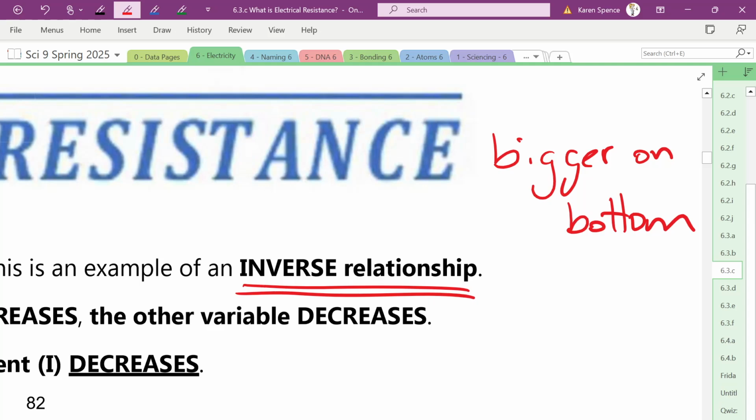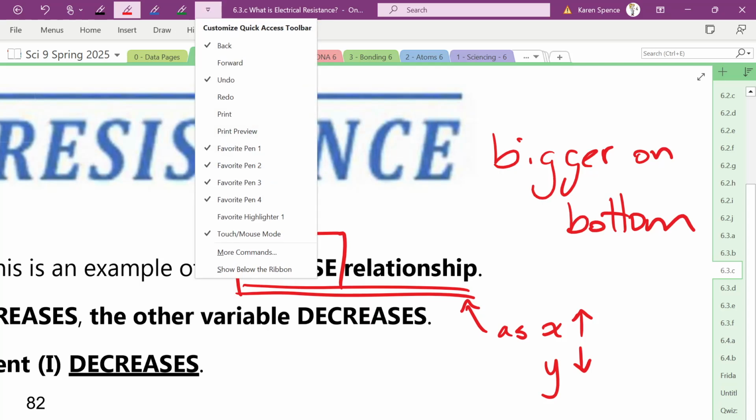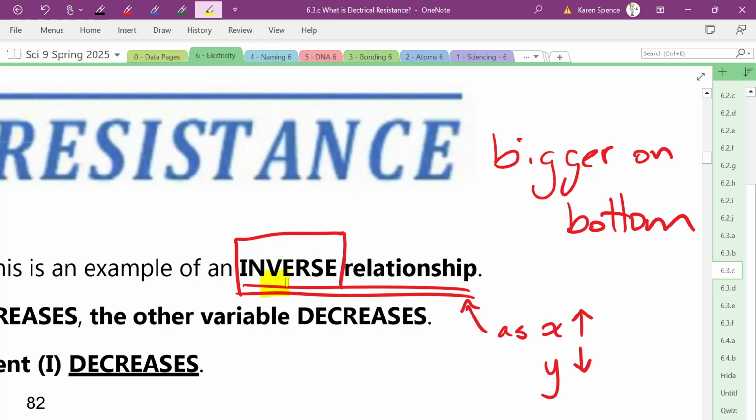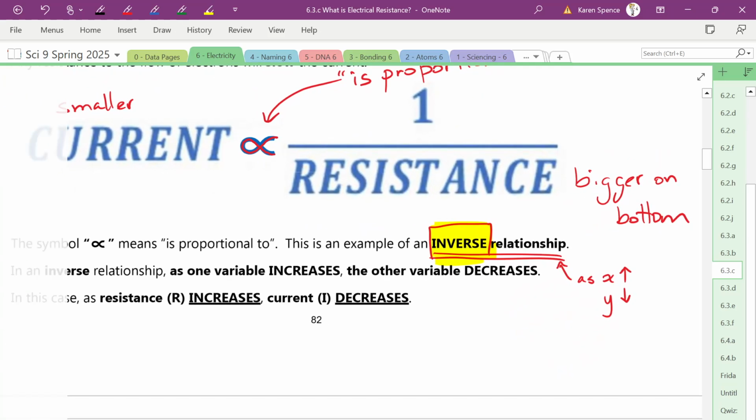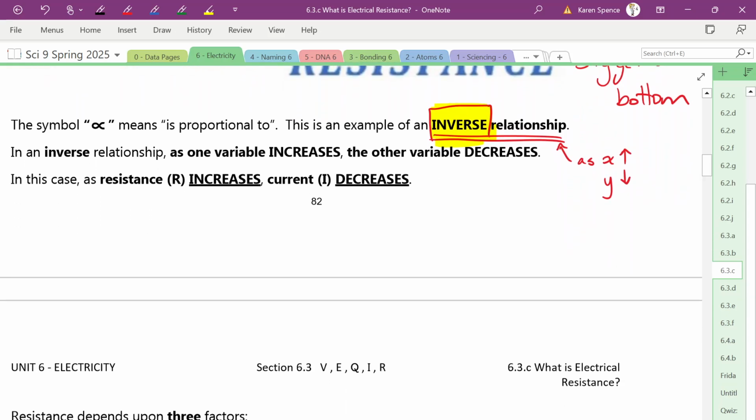As one increases, the other decreases. Okay.